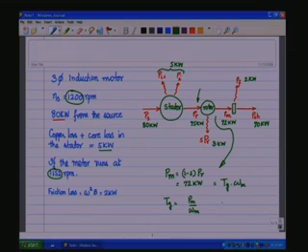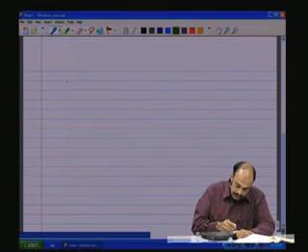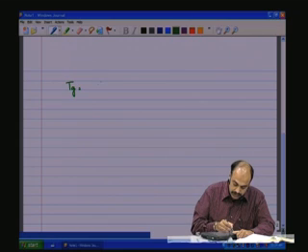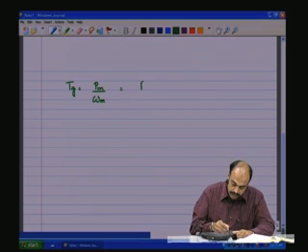TG is also equal to PR by omega S, if it is the synchronous frequency that you want to use. Now we know the speeds, of course, in RPM. So to convert it into radians per second, what do you do? We have TG, which is equal to PM divided by omega M, which is equal to PM divided by NM in RPM.